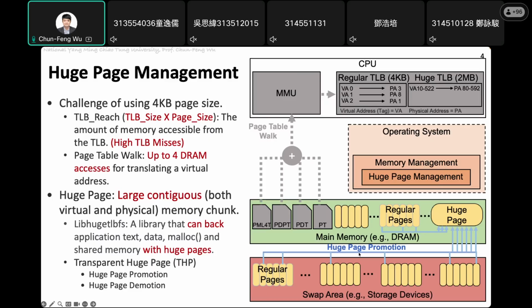Think about if there are two layers: one is the main memory and the other is swap. Promotion is when we already decide we are going to have a huge page at a certain physical address. Then the promotion daemon will move all the required pages from DRAM and the swap area to this physical address.